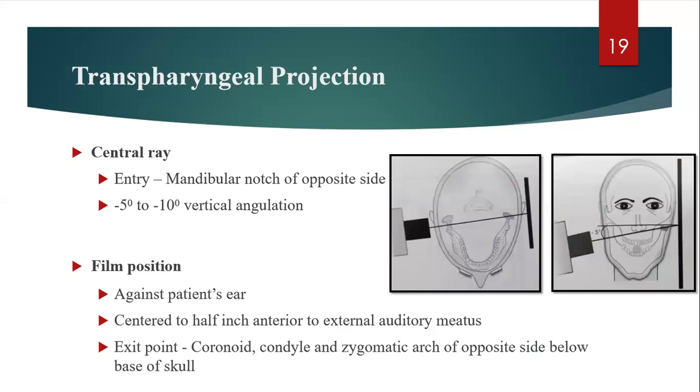The central ray should enter making an angulation of -5 to 10 degrees and should pass through the mandibular notch of the opposite side TMJ. The film is placed against the patient's ear and is centered ½ inch anterior to the external auditory meatus. And the exit point is the coronoid, condyle, and zygomatic arch of the opposite side below the skull base.